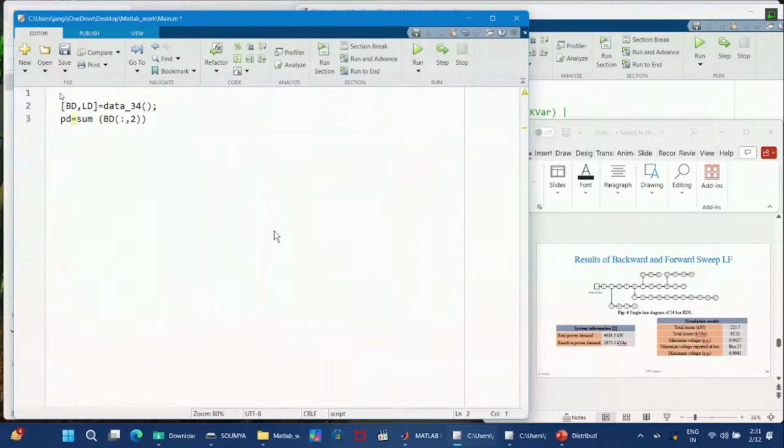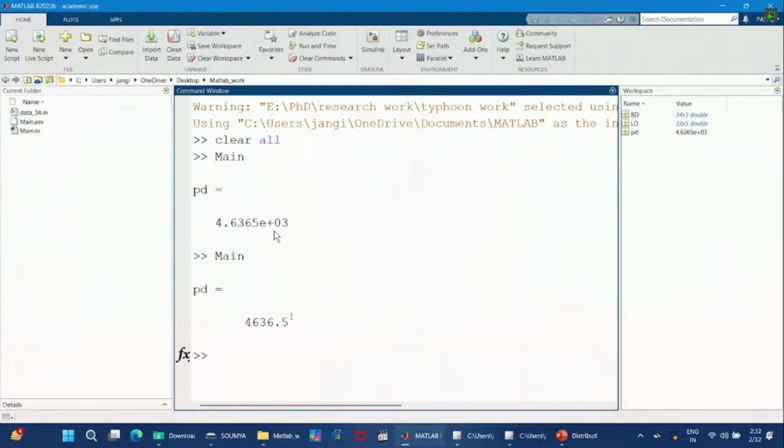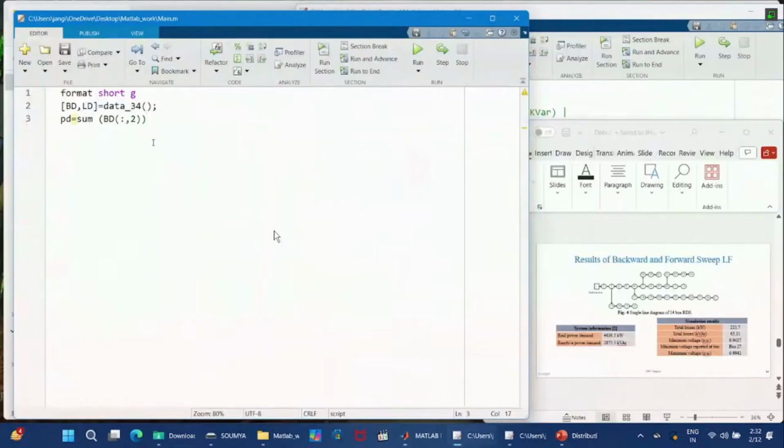Okay, let's write format short g. So let's run. Yeah, it's okay, it matches with this. Now at the same time, we can calculate the reactive power demand also.